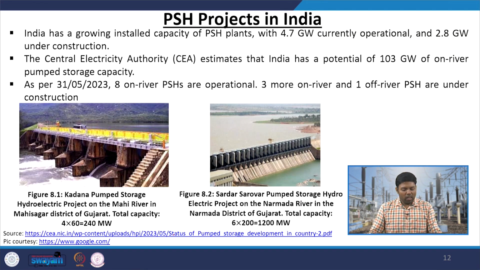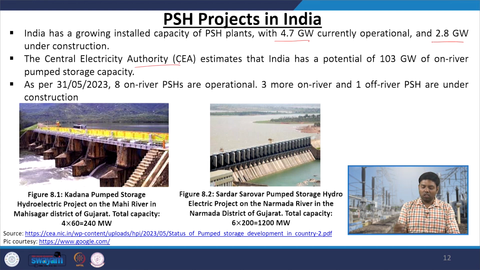Then we have a few running projects in India, where currently we have 4.7 gigawatt of operational pump storage hydro and 2.8 gigawatt under construction.